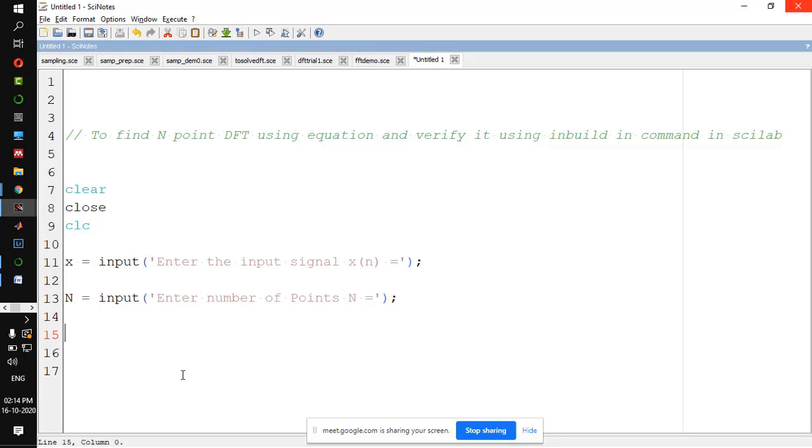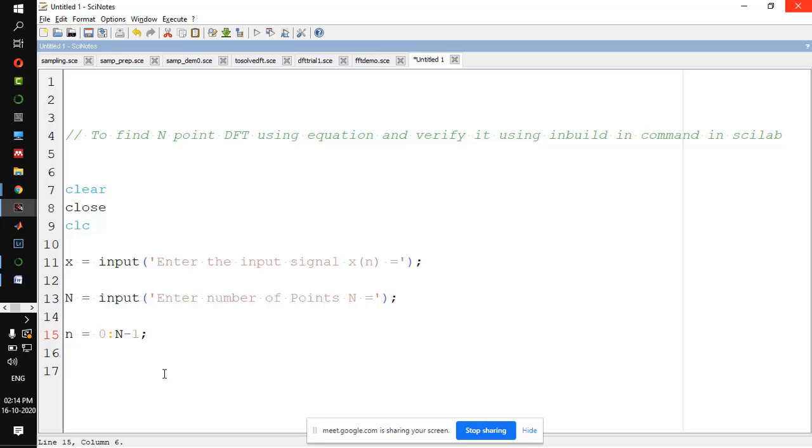Small letter n is varying from 0 colon capital N minus 1. This says you start from 0 and end at capital N minus 1. By default the step size is 1.